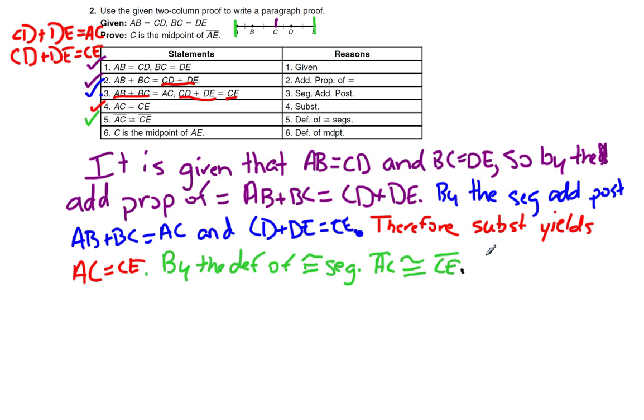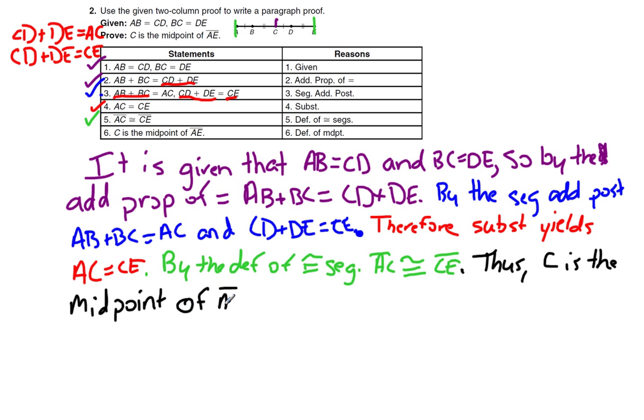Let's say thus C is the midpoint of AE because of, I'm thinking of what words I want to use, and I don't want to make up stuff, because of the definition of a midpoint. I guess there is an abbreviation for midpoint. Doesn't really save us a whole lot though.